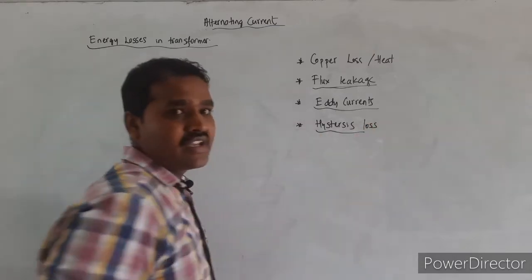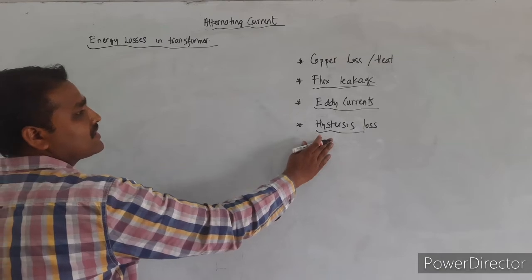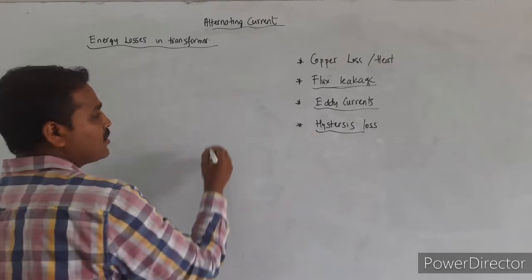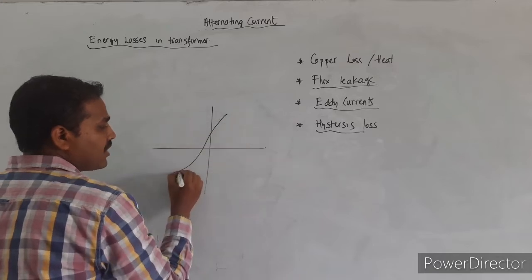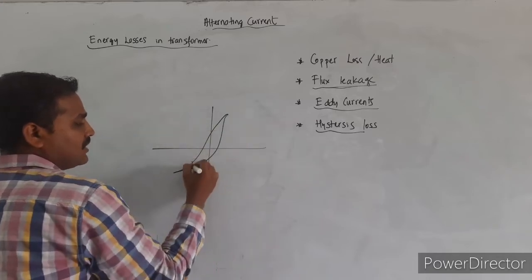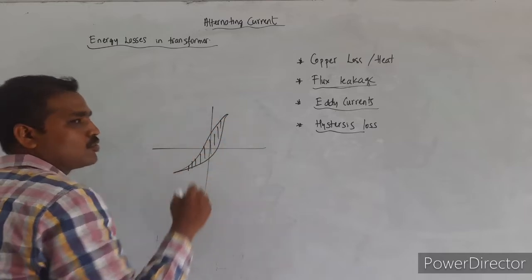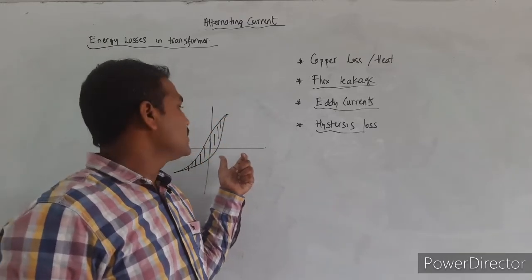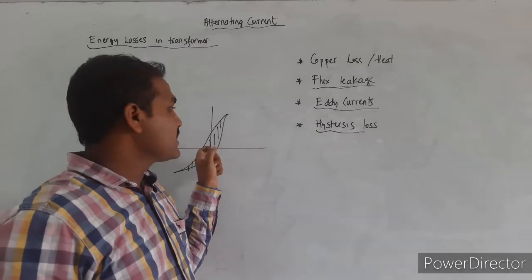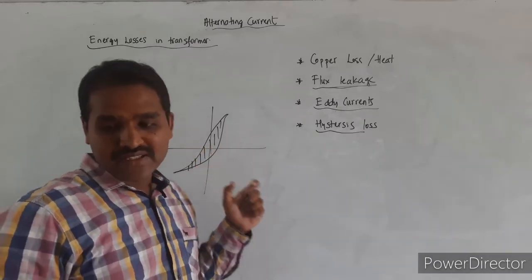This loss is called hysteresis loss, and it can be reduced by using a material having a narrow hysteresis loop like this. The area under the hysteresis loop indicates the energy loss, so we use a material having a narrow hysteresis loop.